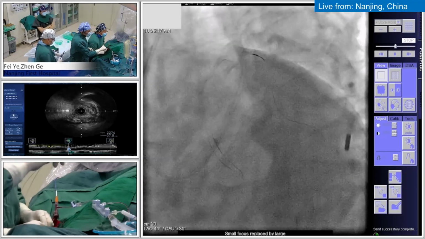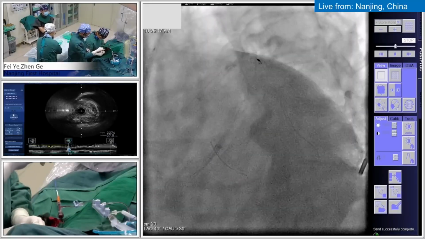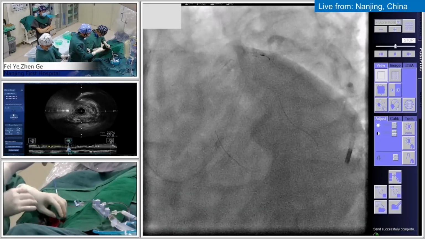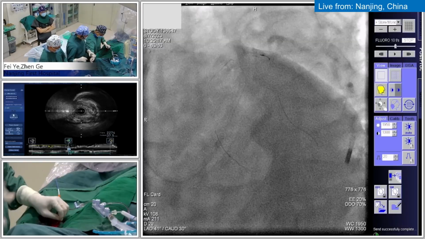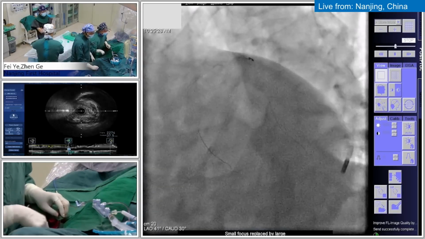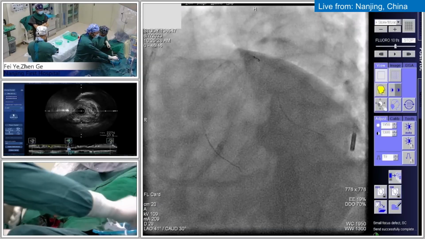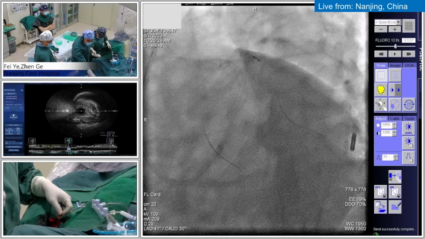For this case, we cannot see so much severe calcification opposite the side branch, so we predict there is low influence on the side branch flow and diameter stenosis after predilation, I guess.